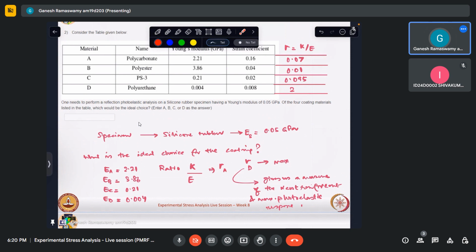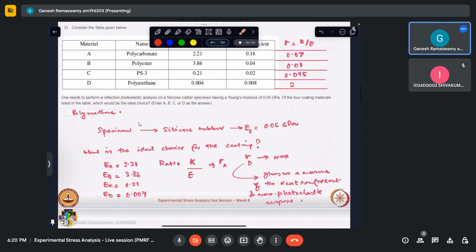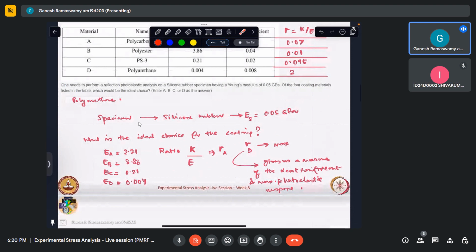So the ideal choice would be to go with polyurethane for this case. Again, it depends on the specimen that we are trying to analyze. I hope that is clear. And here again, the stiffness of this is one order of magnitude less than the stiffness of our silicone rubber. So it happens to be the ideal choice.